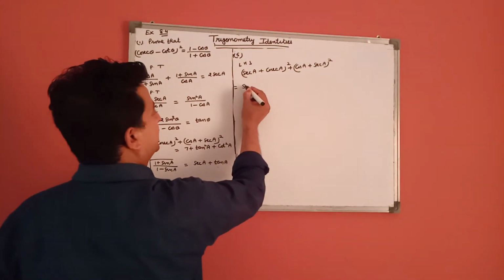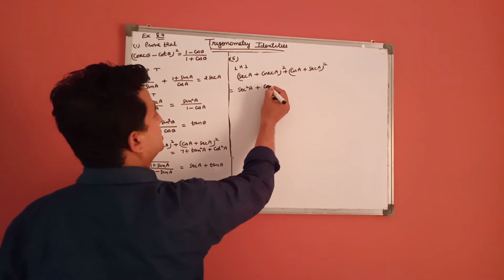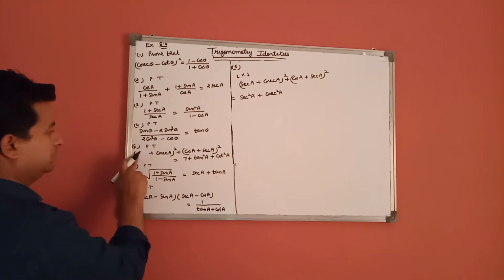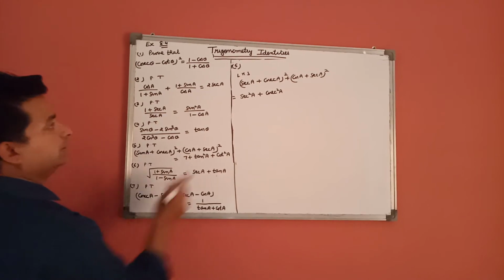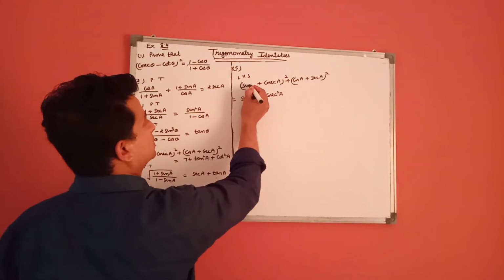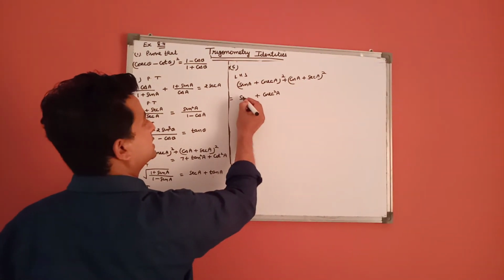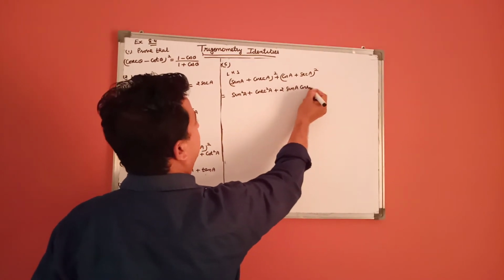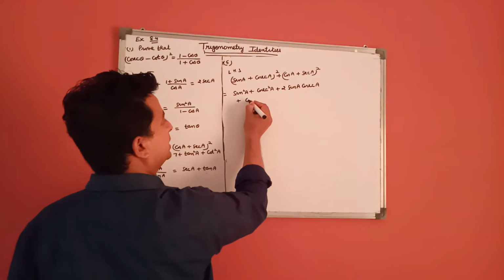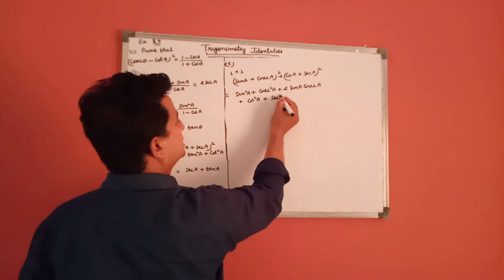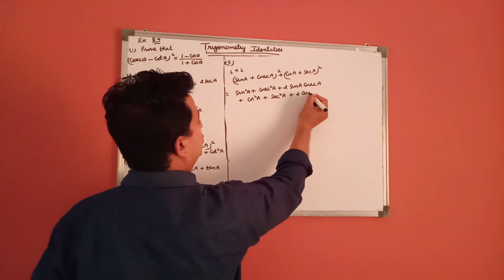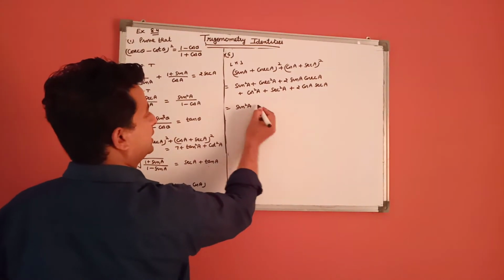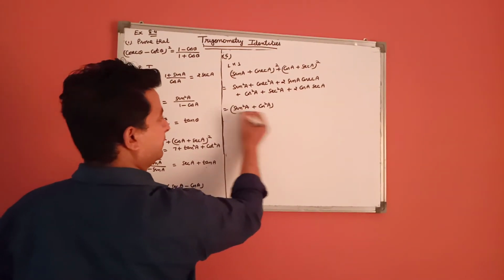When we open this identity, that is sin square A plus cosecant square A plus 2 sin A cosecant A. When we open this identity, cos square A plus secant square A plus 2 cos A secant A.